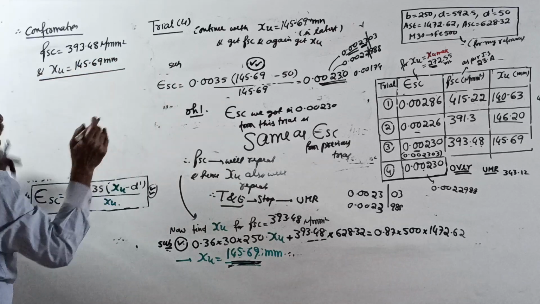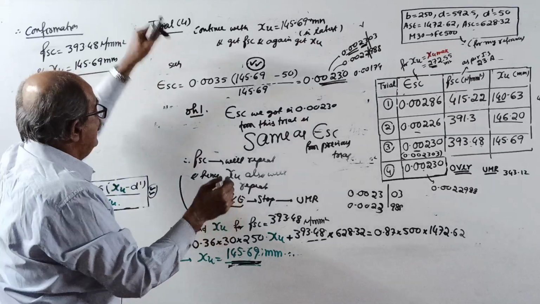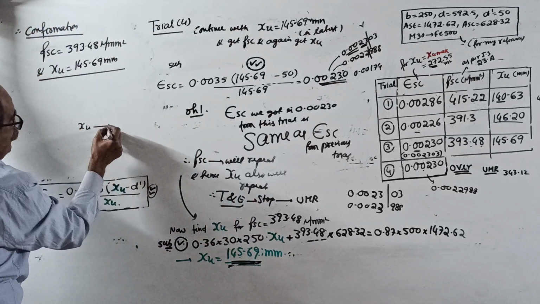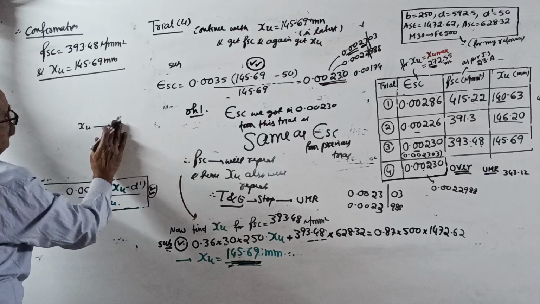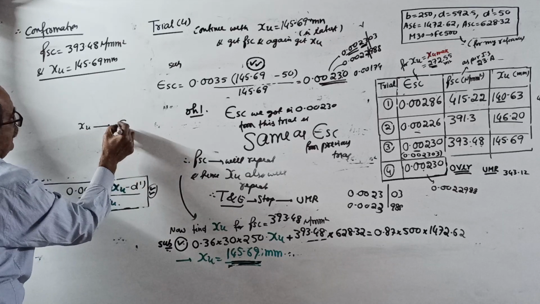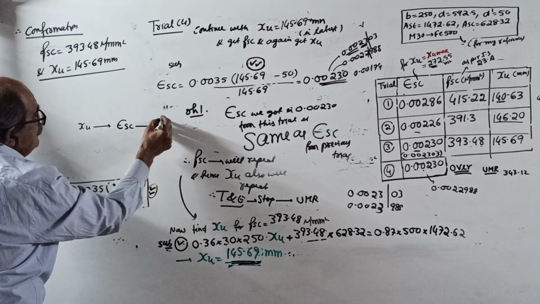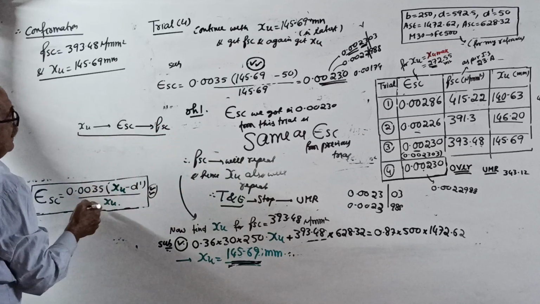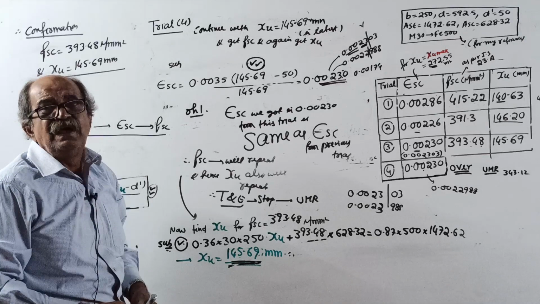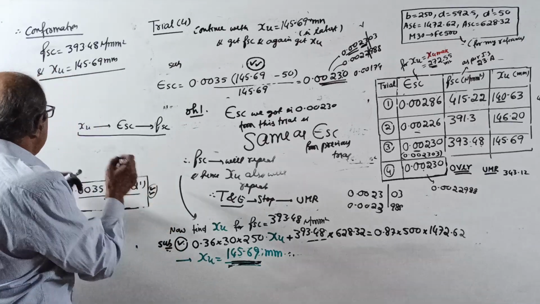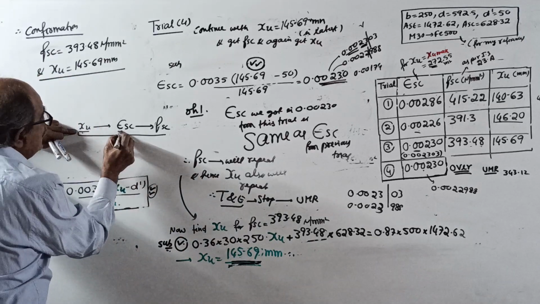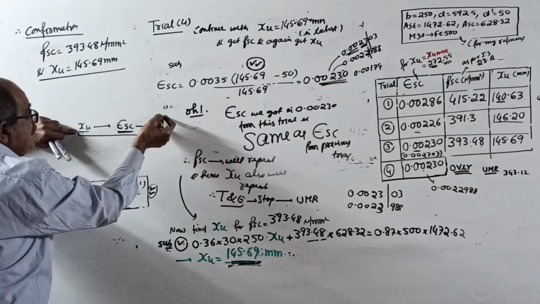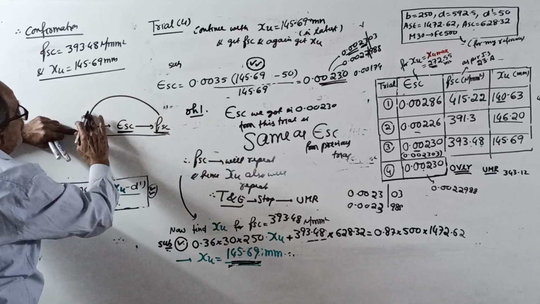Now, one note you write here. xu will depend on epsilon sc, and using epsilon sc you find fsc. Among these three, if any one repeats, the other two will repeat. If xu changes, epsilon sc will change. If epsilon sc changes, fsc will change. If fsc changes, xu will change.